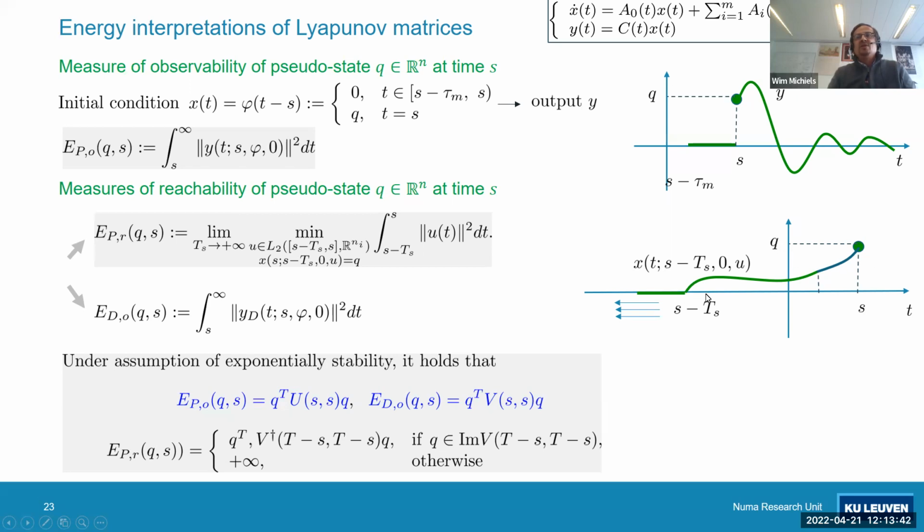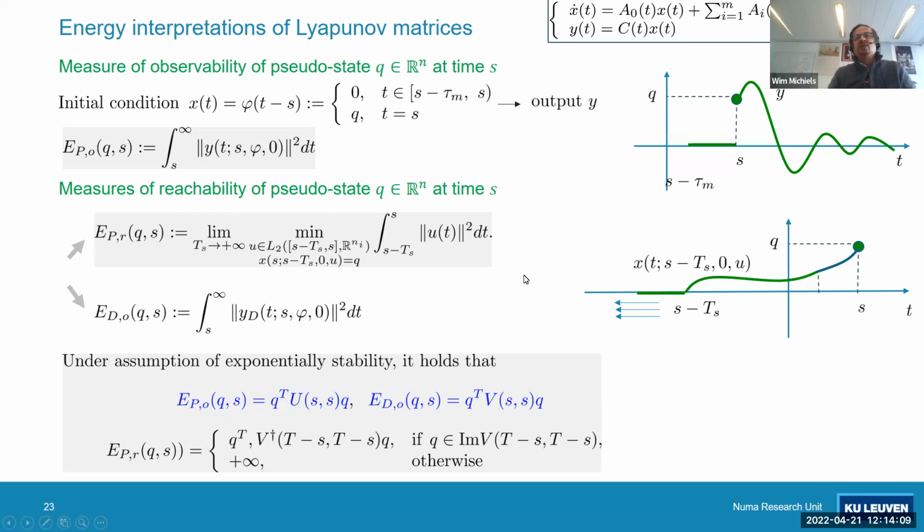So you're looking for the input energy, in the L2 sense, needed to reach Q. And Q is a pseudo state, and I don't care about the tail here. I'm only interested in what the head is doing. Then we take the limit where you let minus Ts go to minus infinity.